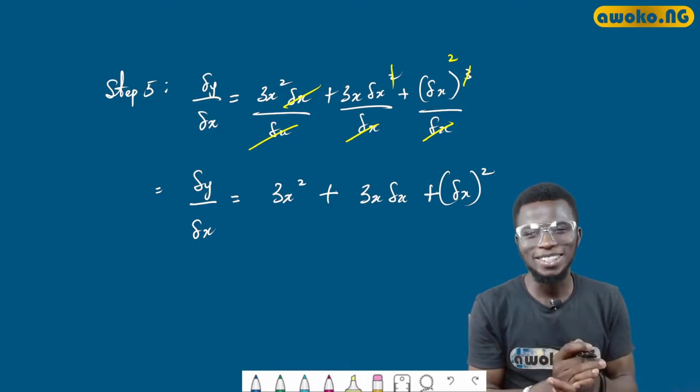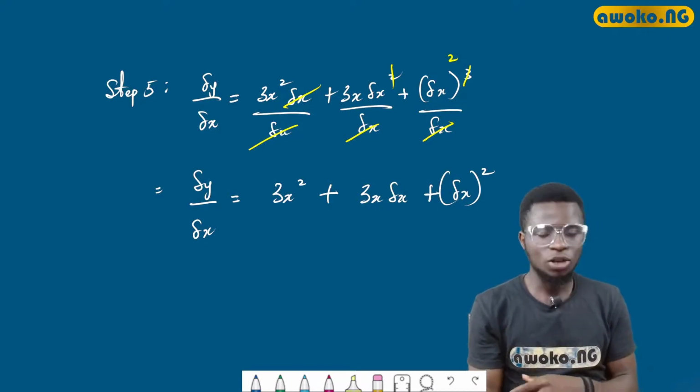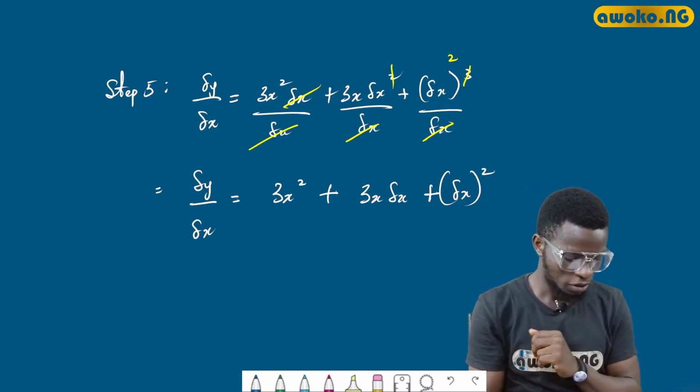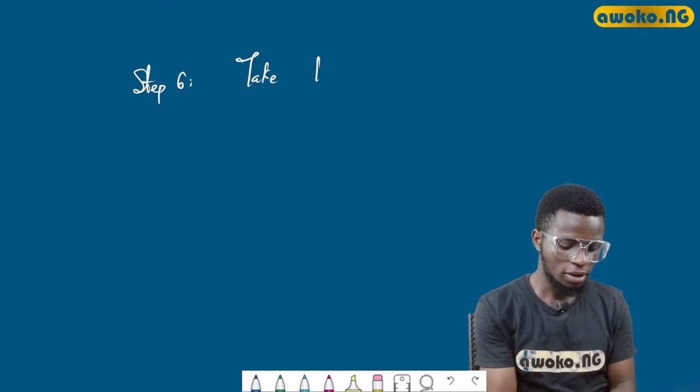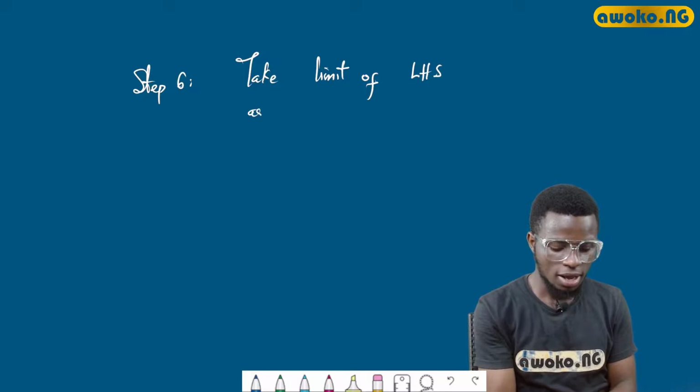Now the next step, which is almost the final step, is to take the limit of the left hand side. So if we take limits, this is step 6, take the limit of the left hand side as dx tends to 0.